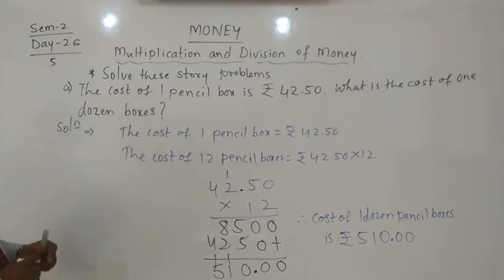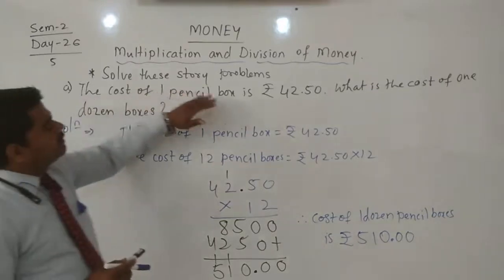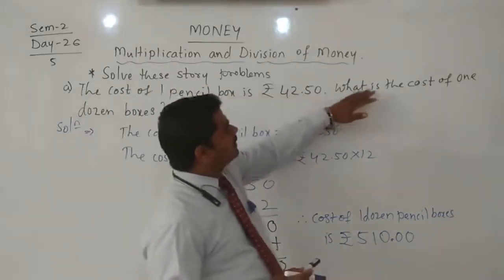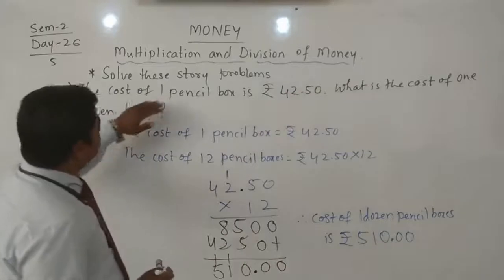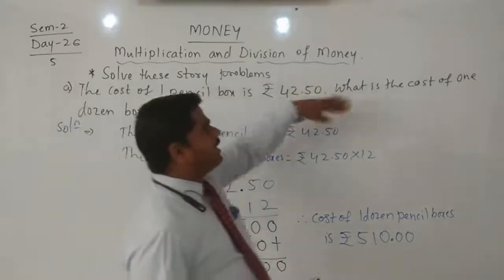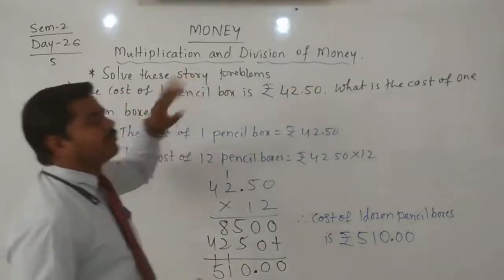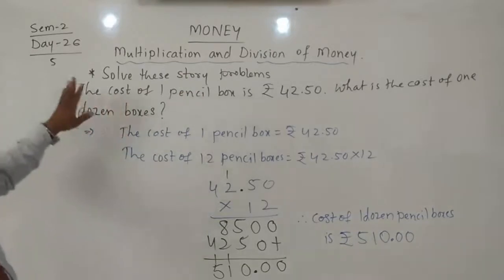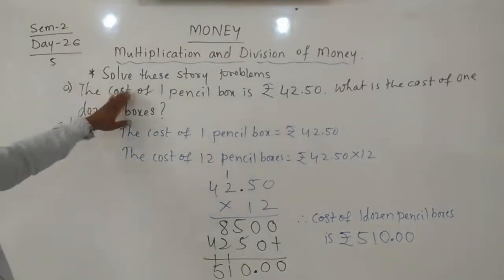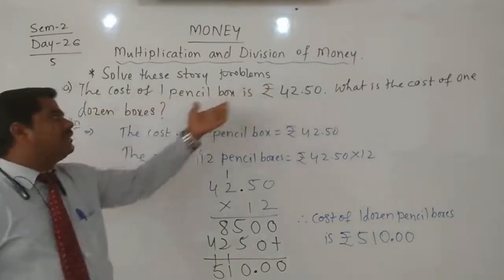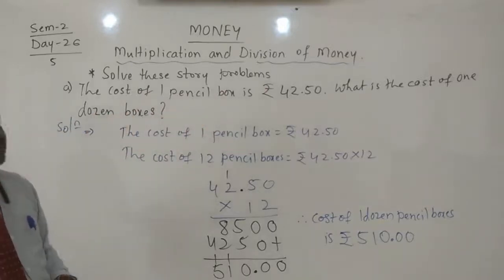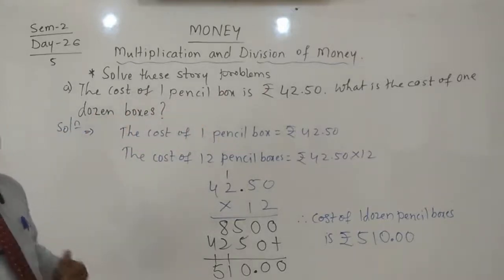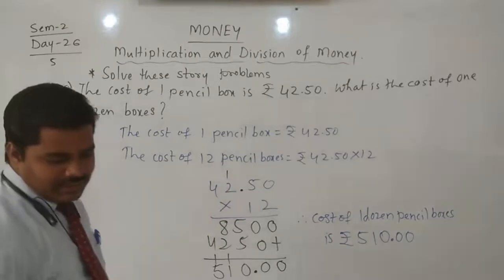You should understand the story first. Is it multiplication or division? Here one is given, you find the many, means you should multiply. If many is given, find the cost of one, means you should divide. If only one is given, you should find the many, means you should take multiplication. Clear? Okay. We'll go with another one.